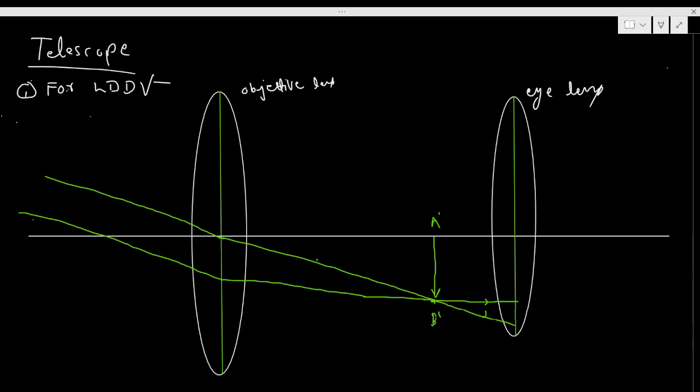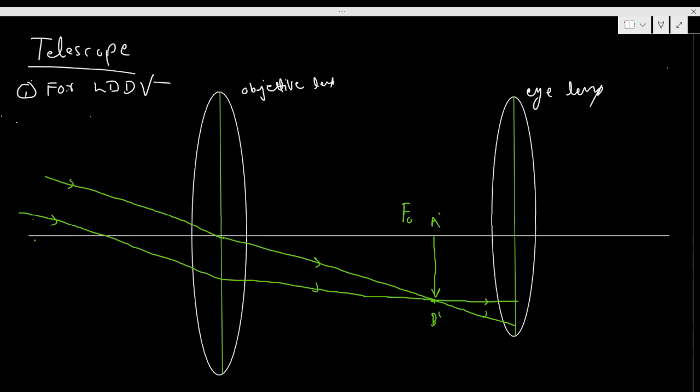These rays are coming like this, and these rays are exactly parallel because they're coming from infinity. Now since the rays are coming from infinity, the image should be formed at the focus. So it should be the focus of the objective lens. Keep in mind, A dash and FO are the same point.